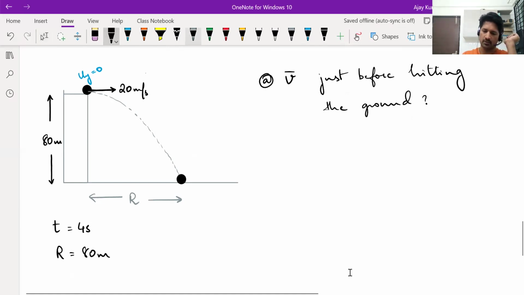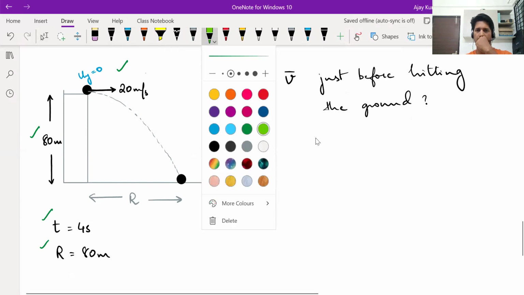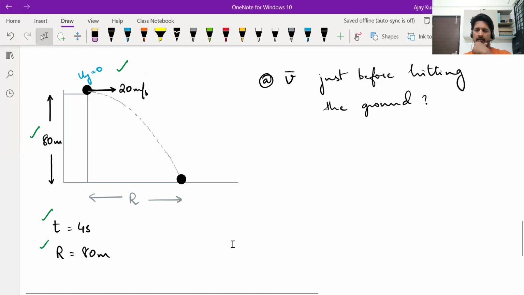We know its initial velocity. We know the height by which it descends. Okay, time, range. We know acceleration also, needless to say. So can one of you tell me an idea how to calculate the velocity just before hitting the ground?